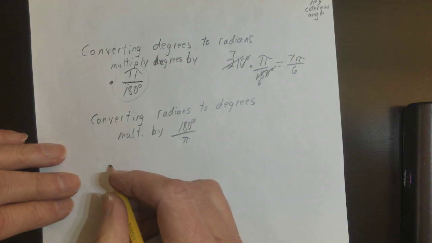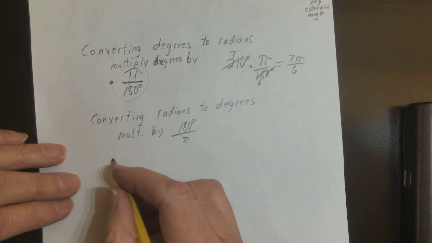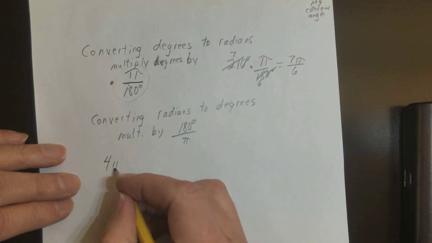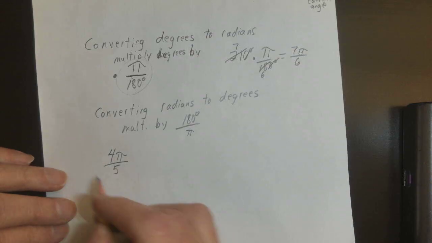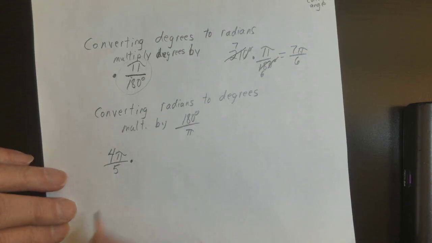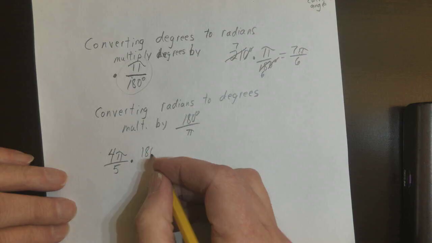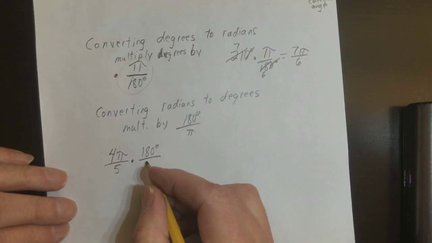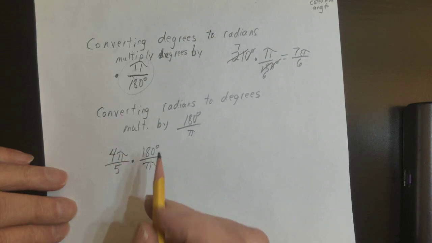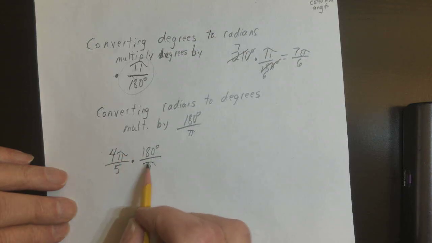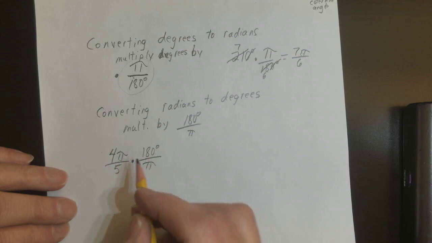So if I want to convert, let's say, 4 pi over 5. That's not a unit circle angle, but that's all right. I'm going to multiply this by 180 degrees over pi. I'm converting 4 pi over 5 to radians. Sorry, it's in radians. I'm converting it to degrees.